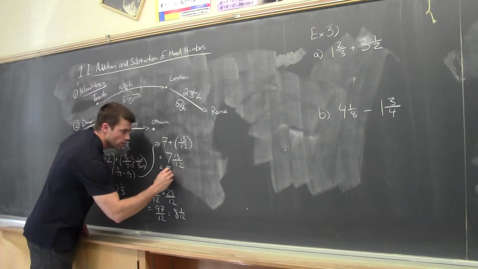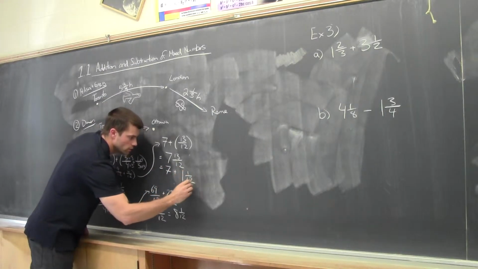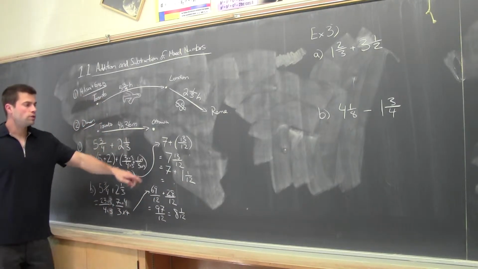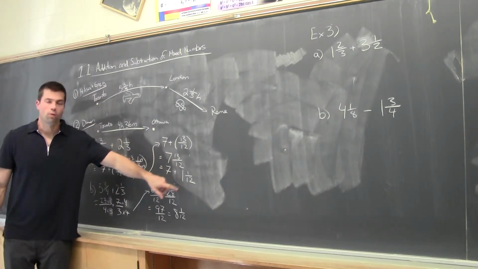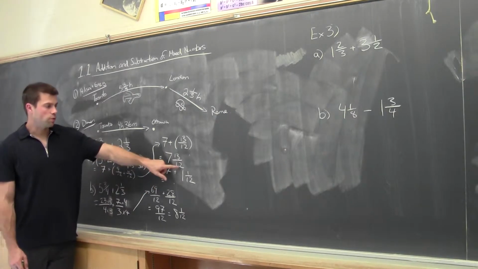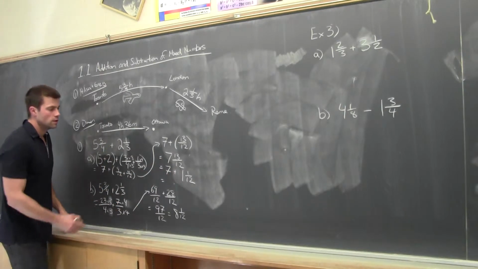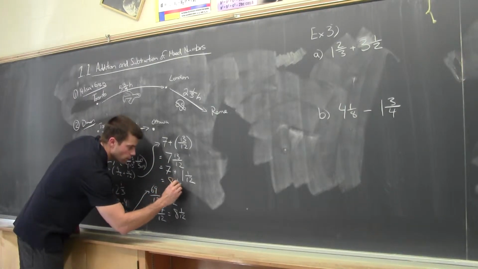So we actually have 7 plus 1 and 1/12. Any questions on how to go from 13/12 to 1 and 1/12? Do I need to review that? No? Okay, because we know that 12 goes into 13 once, and there's one remainder. So our final answer would be 8 and 1/12.